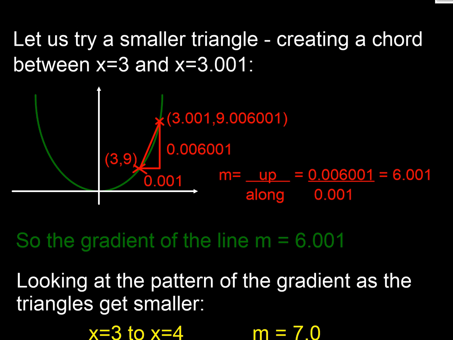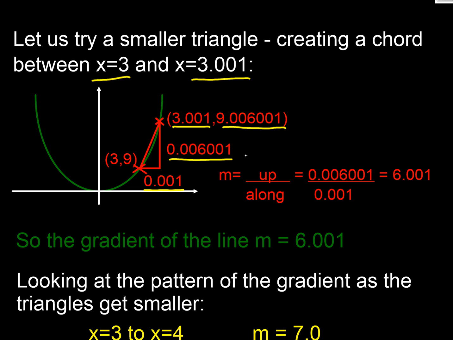Now let's make our triangle even smaller, shall we? Our x value is going to 3, and we're going to go up to 3.001. So we're only moving up a thousandth now. And 3.001 squared is this number here, and therefore the difference between the two is now 0.006001.